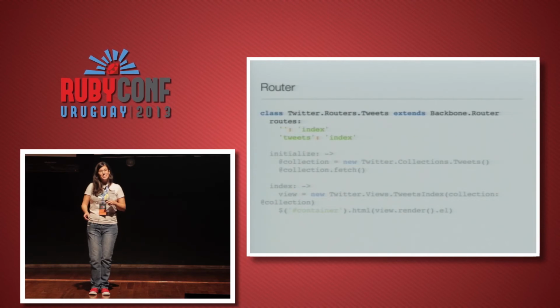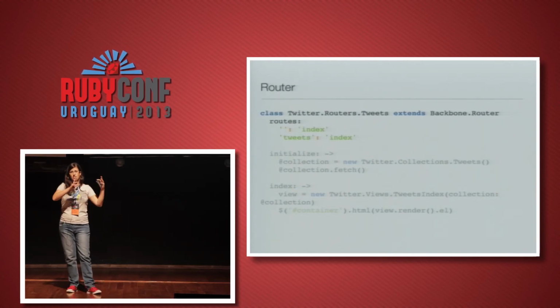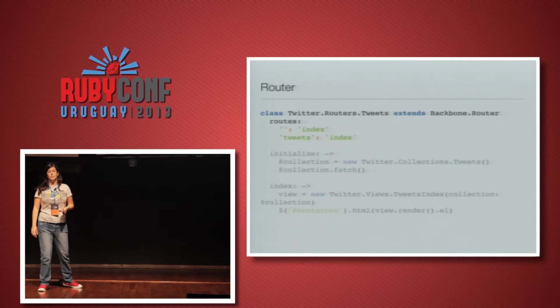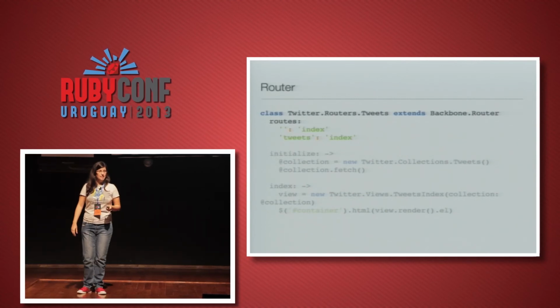It has a hash of the routes on the left side: you have the URL, and after the colon, you have the function that you have to call.